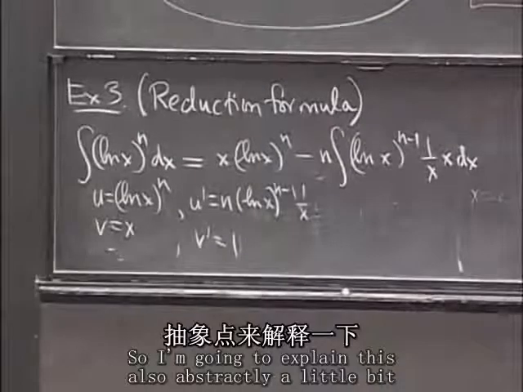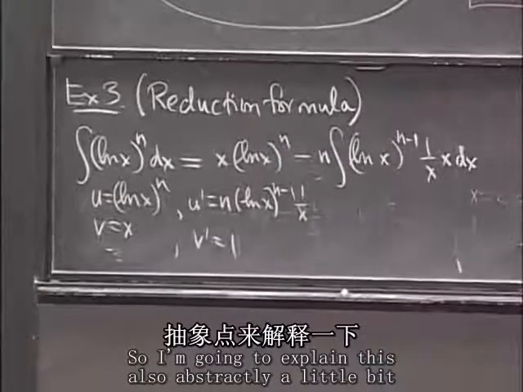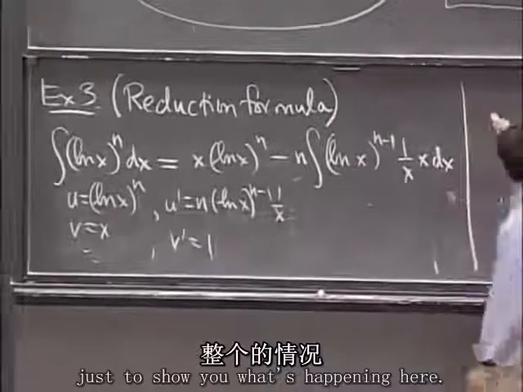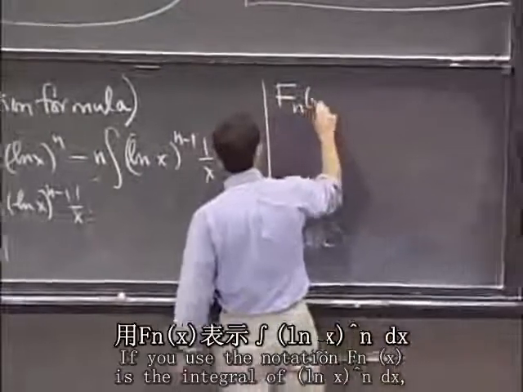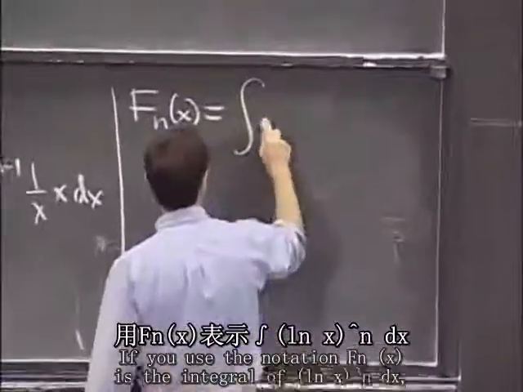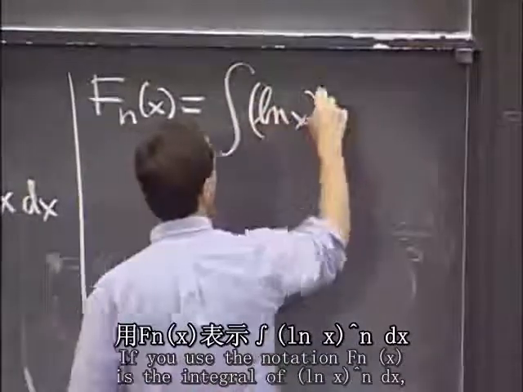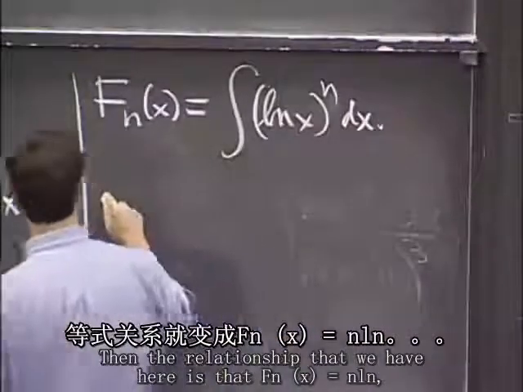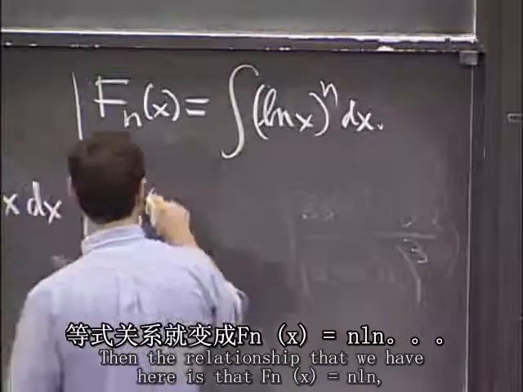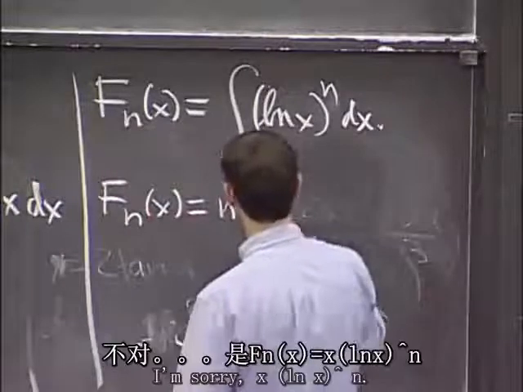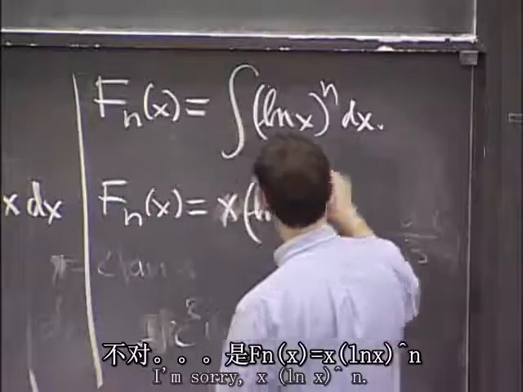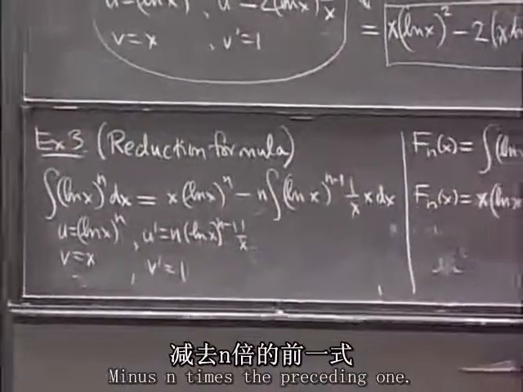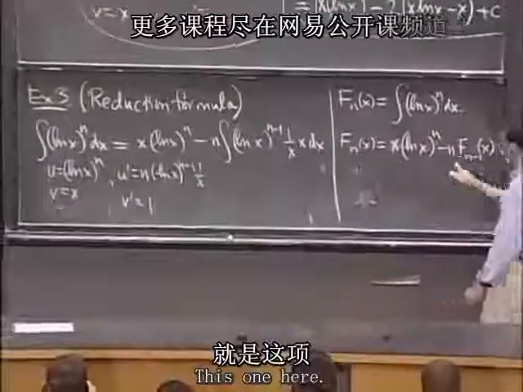So I'm going to explain this also abstractly a little bit, just to show you what's happening here. If you use the notation f_n of x is the integral of log x to the nth power dx, and we're going to forget the constant here, then the relationship that we have here is that f_n of x is equal to x log x to the n, that's the first term over here, minus n times the preceding one, this one here.